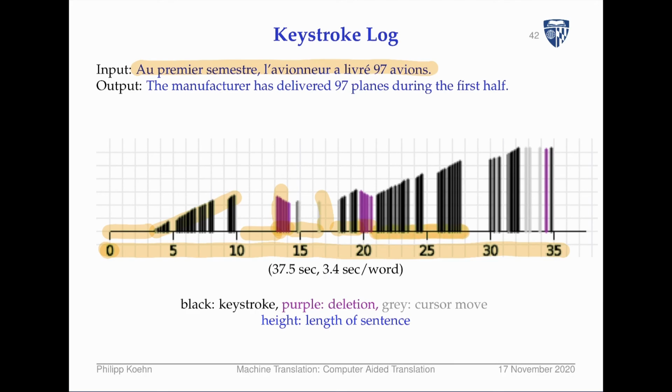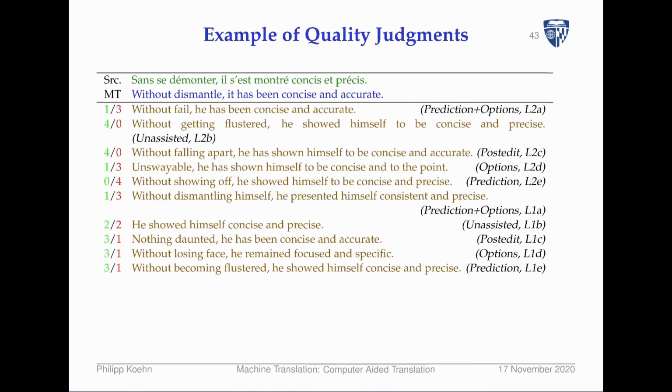By the way, the length of this line is the length of the sentence at that point in time. So whenever you delete, it goes shorter. Whenever you type, it gets bigger. And a little bit of a pause here and so on. So this is the log you have. You can then track back how it was typed, when pauses were made, and so on.